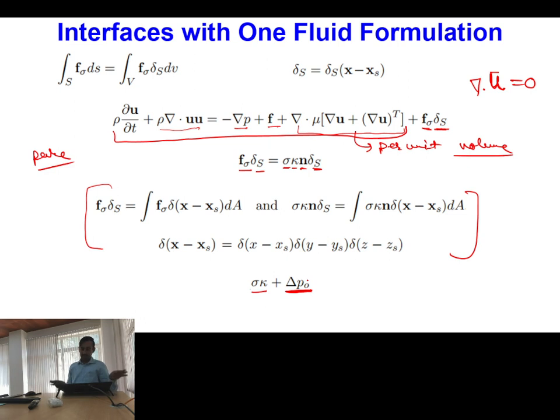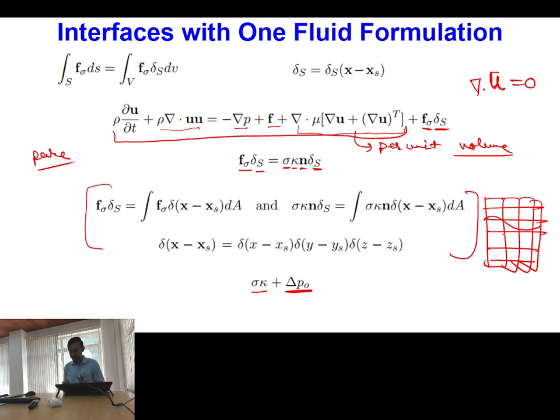This point is clear. So of course, using this one fluid formulation, there are a large number of methods available in this category. For example, volume of fluid method, level set method, phase field method, etc. How do these methods do computations? One major point is, say if this is the interface and these are the cells, then the cells which are having only one fluid can easily consider the density and viscosity of that particular fluid.